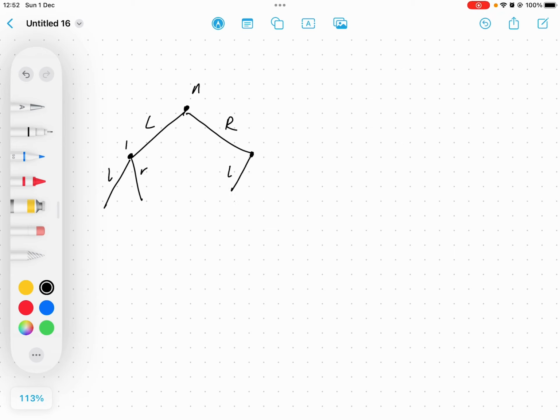Same here. Okay, with those at the terminal nodes, but with those the game continues. Here we have an information set for player one. Okay, so player one moves again, but here player one doesn't know whether the game is here or there.